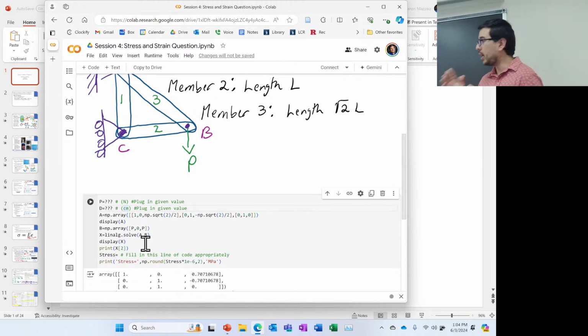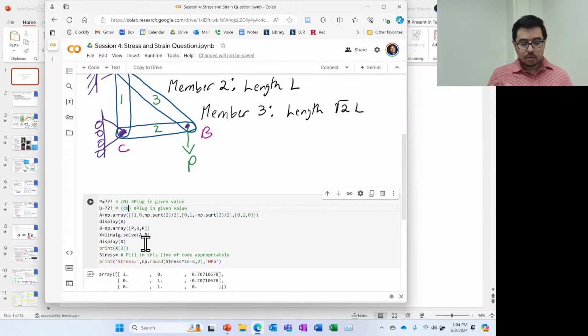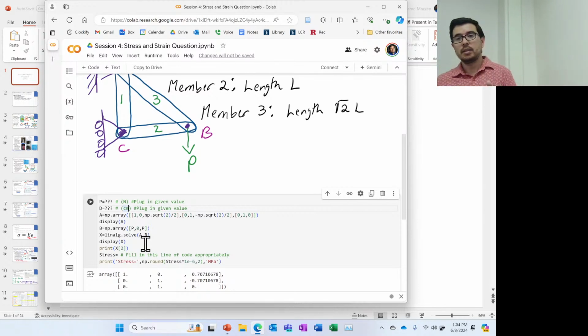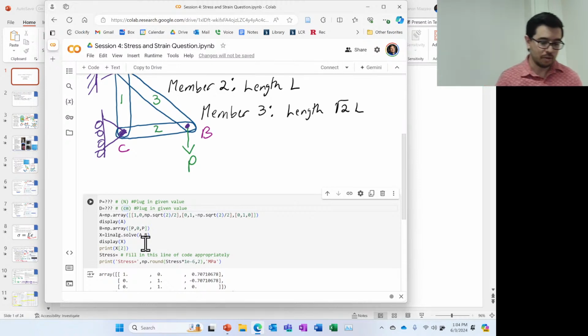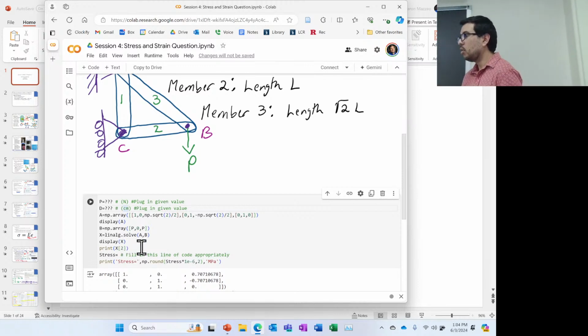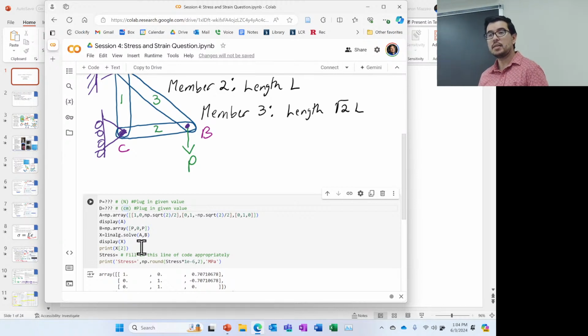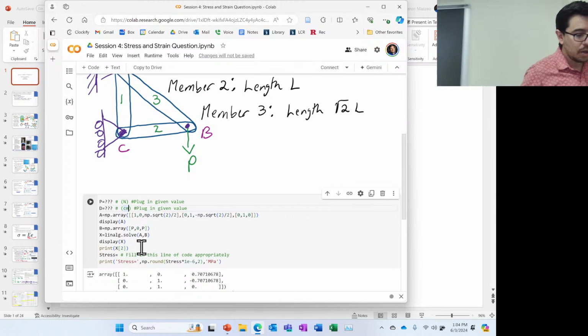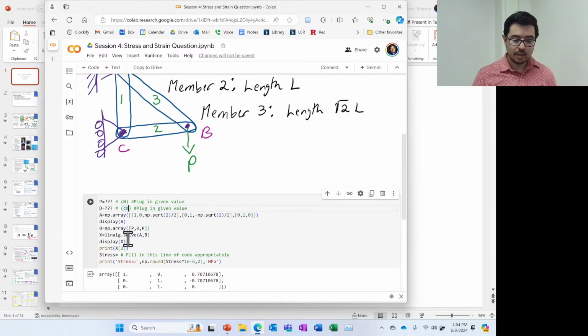That means that X bracket 0 is actually the first element of X, X bracket 1 is the second element of X, and X bracket 2 is the third element of X. As I was trying to explain in the GroupMe without giving the exact form, this x2 right here, where it says print x2, is actually spitting out what the force in member 3 is. You put in your P, you put in your D, and it does the calculations for you, or you could have done them by hand. It gives you the force.